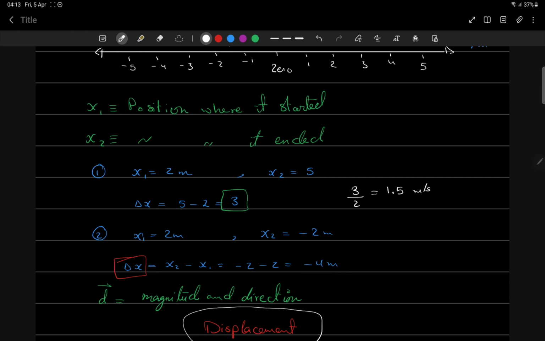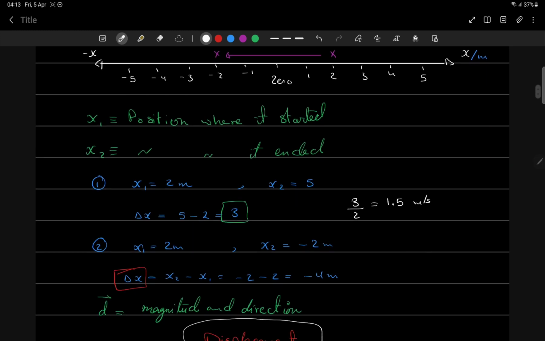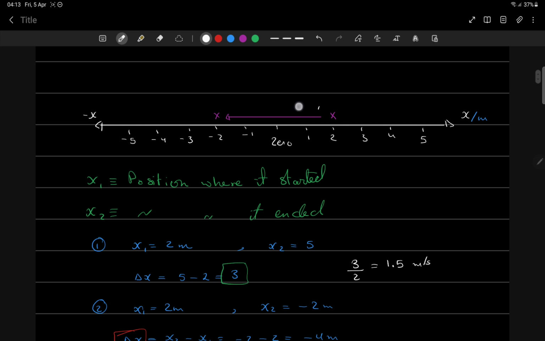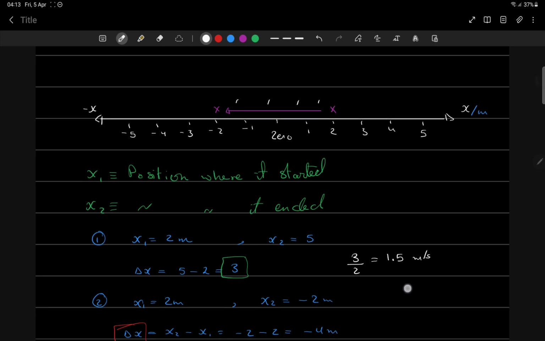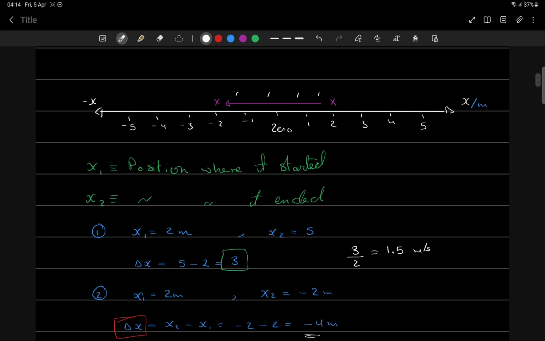But this one here is going to be a bit different. Now I need to calculate the total distance covered, so it's going to be 1, 2, 3, 4, not negative 4. Total distance covered is just 4. We're not talking about displacement. The displacement is negative 4, but we're just caring about the total distance covered.